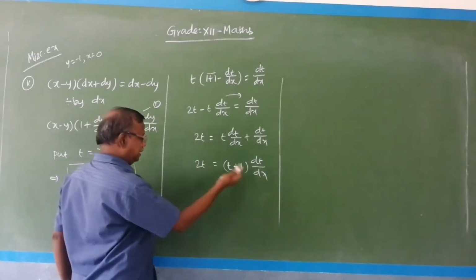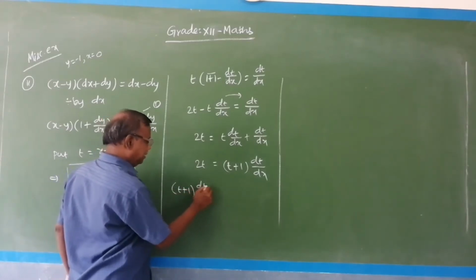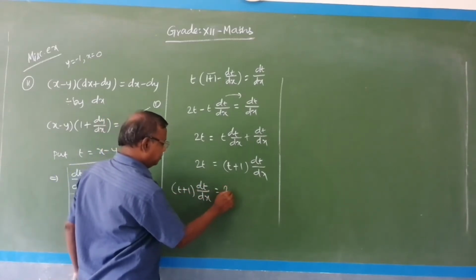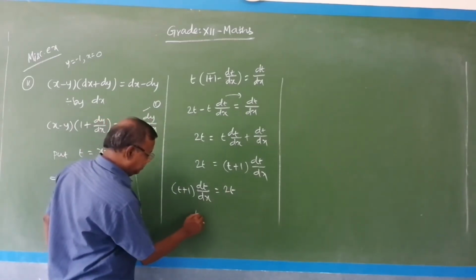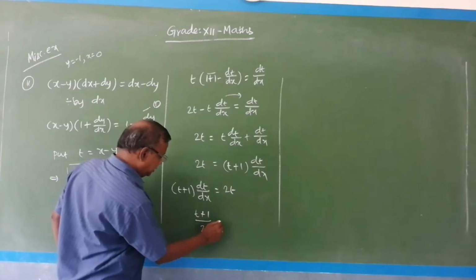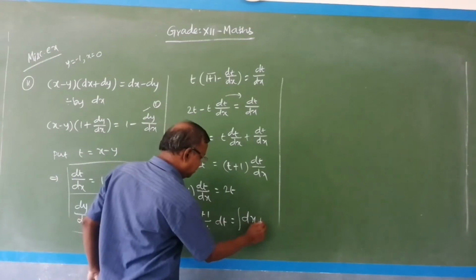Now let me write the equation left and right, that is (t plus 1) into dt by dx equal to 2t. Now separating the variables and integrating, (t plus 1) by 2t into dt equal to dx. Integrating on both sides, plus c.